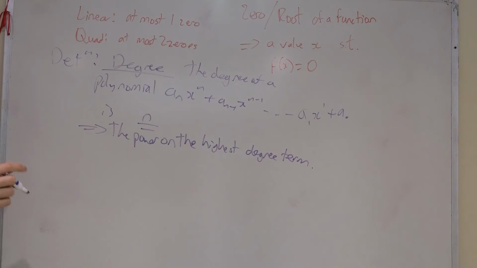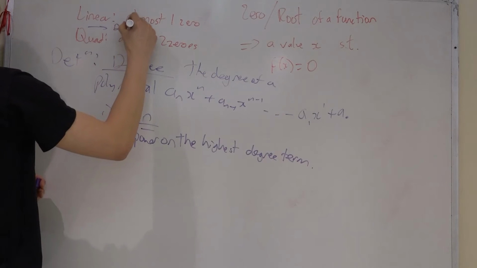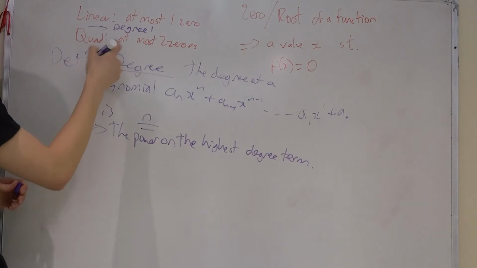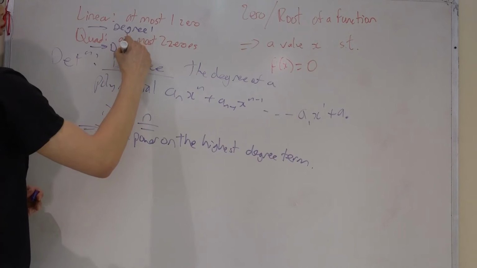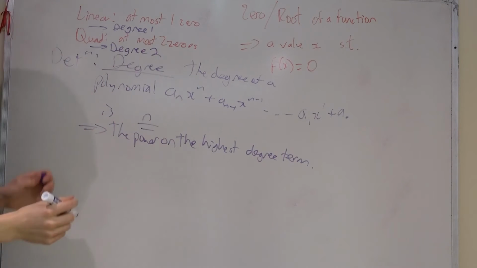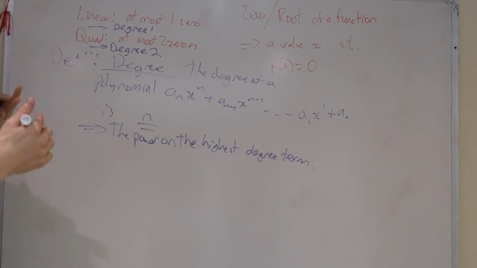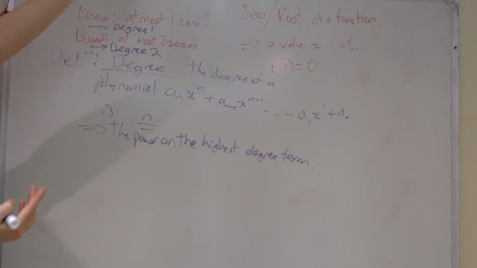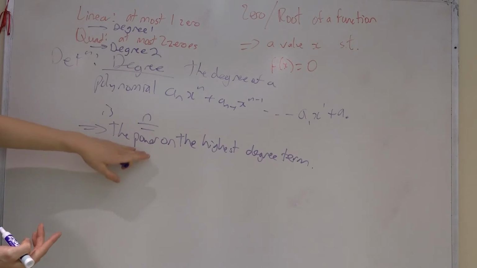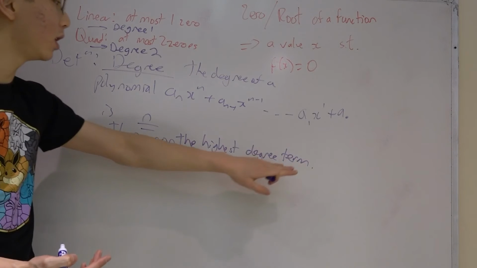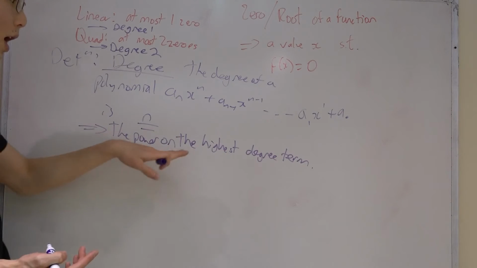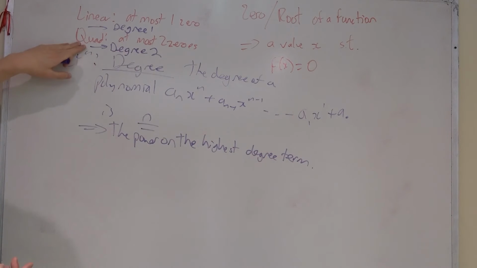A bit of thinking should convince you that a linear function is degree 1 and a quadratic function is degree 2. This is because quadratic functions always have an x squared term, and that's the highest power that they have. X squared is x to the power of 2, and so it is the power on the highest degree term. The power on the highest degree term is 2 for a quadratic function. For a linear function, it's 1.